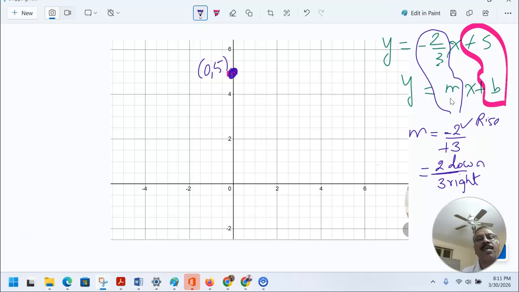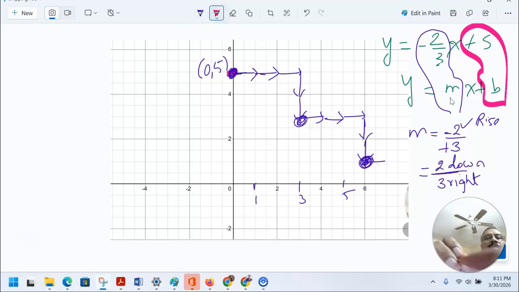If I go 3 right, so I go one, two, and three, then I have to go 2 down. Again, every 3 run, I have to go 2 down. And like that, you get this point, and then you graph it, and you're done.